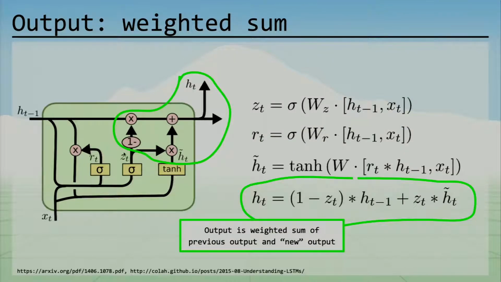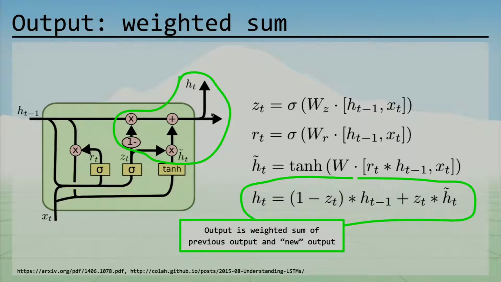Finally, our output, all we're going to do is basically this weighted sum using our z sub t. So remember, this was what we calculated to decide whether or not we're using our previous memory state or whether we're using these updates that we just calculated, h tilde.